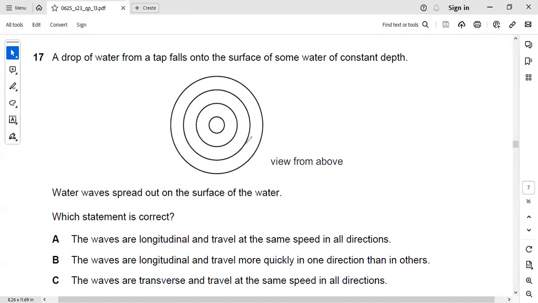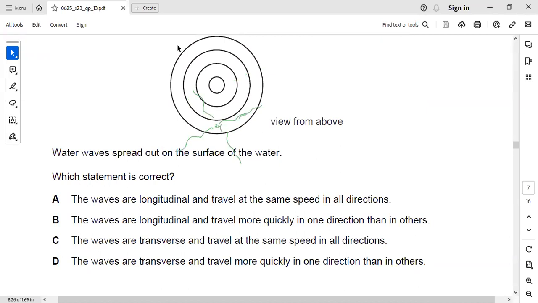Next, a drop of water from a tap falls on the surface of some water of constant depth. So a drop is falling, you can see here. The water waves spread out on the surface of water. Which of the statements is incorrect?